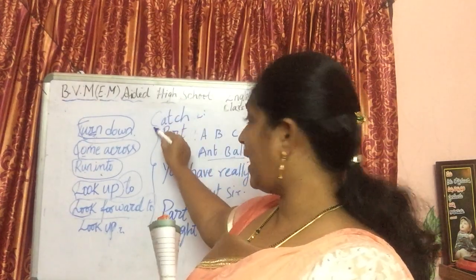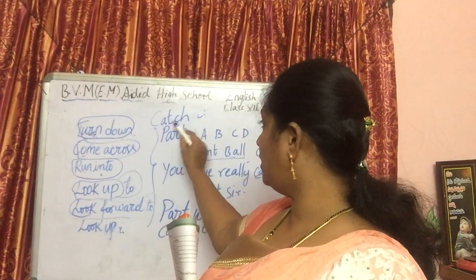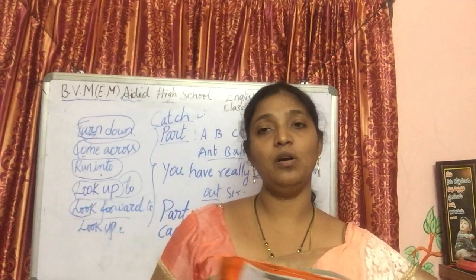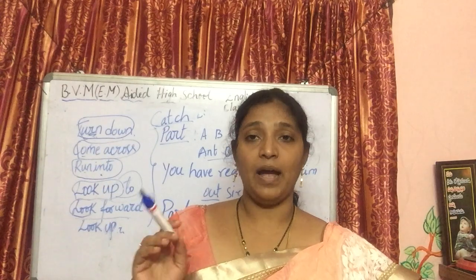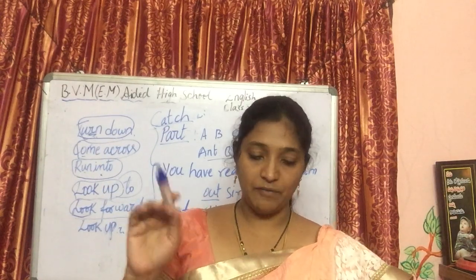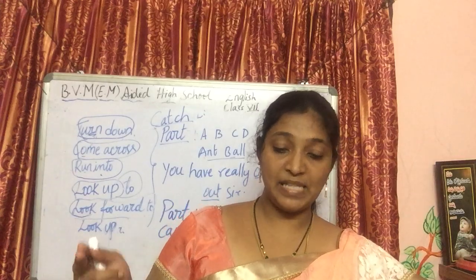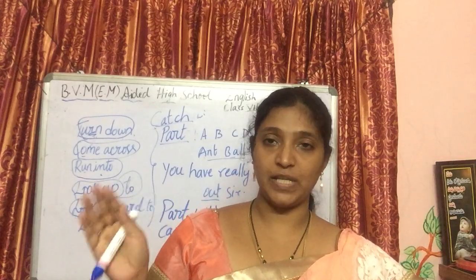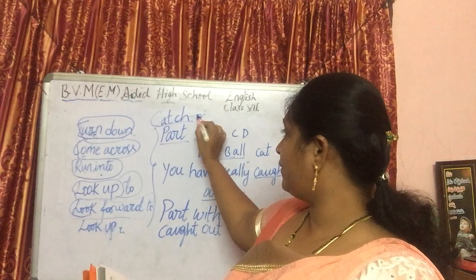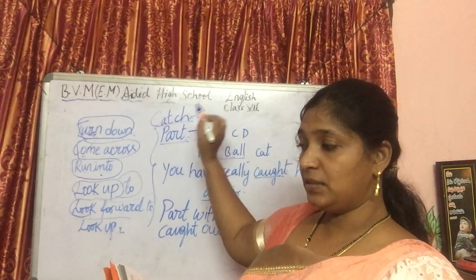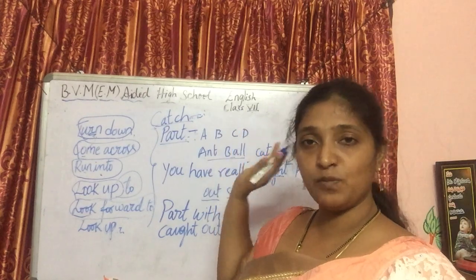Take a dictionary, try to find phrasal verbs with catch and part, and write them in your CWs. And another thing I will tell you by the end. So write some sentences of your own for each phrasal verb. Find different phrasal verbs for these two words and then make your own sentences with them.